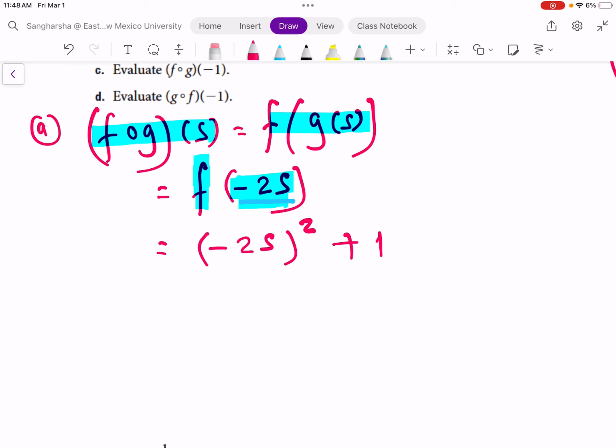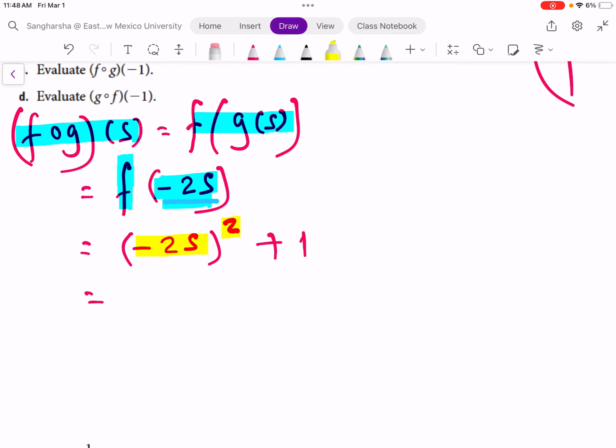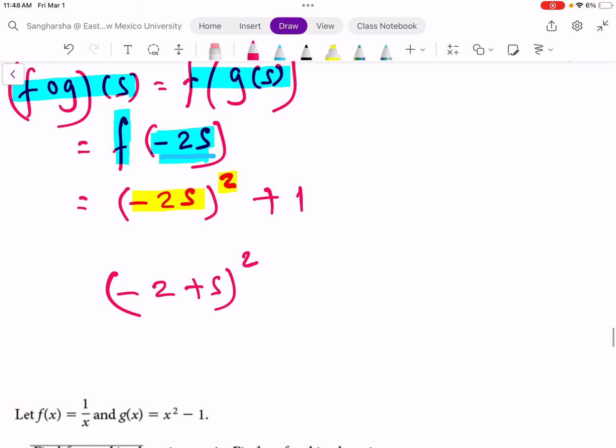Okay, now let's simplify this. So this square is for every term that we have inside this, right? And here, let's find one difference. If we have something like negative 2s, let's compare it with negative 2 plus s squared. What difference do we have between these two?